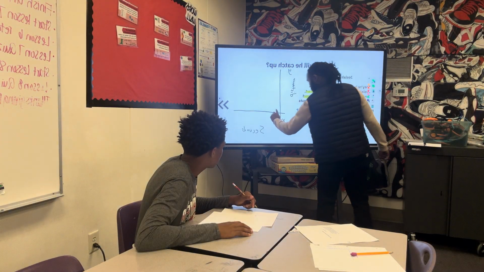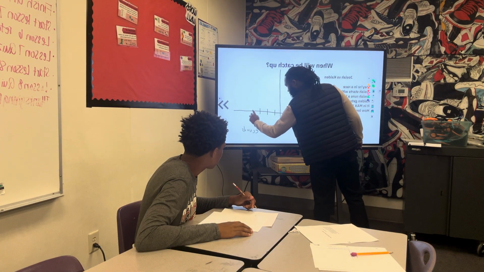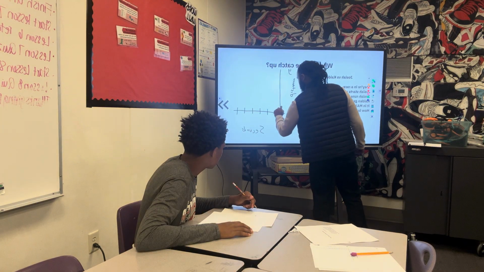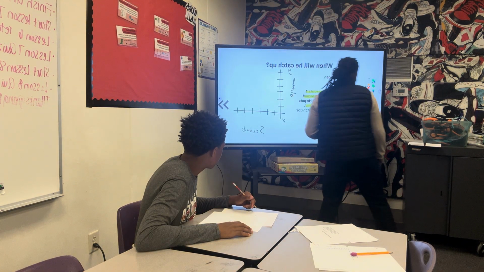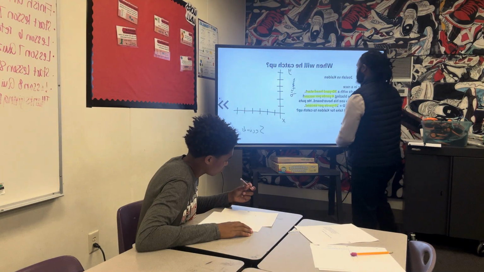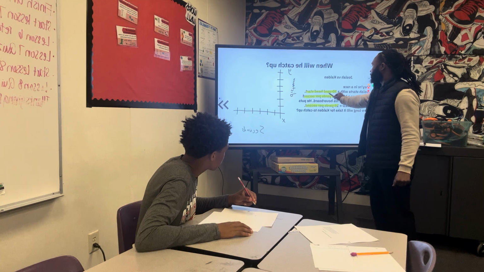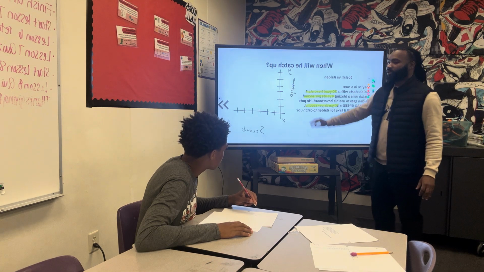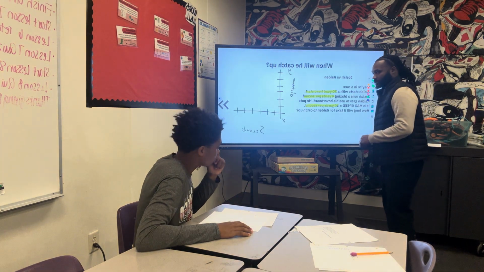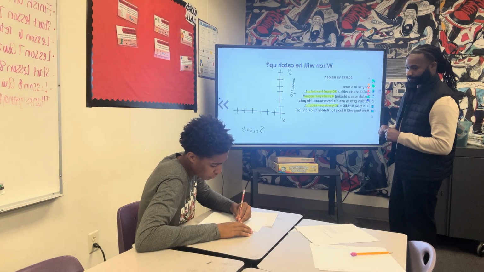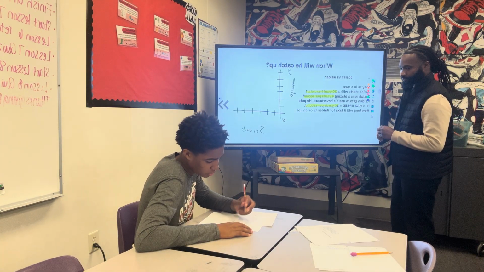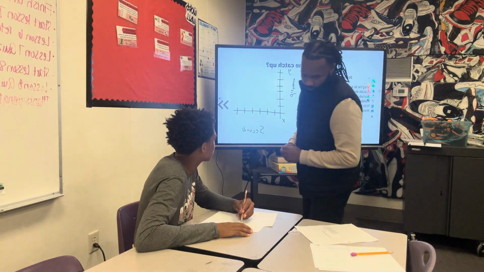Cool. All right, let's try to make this as even as possible. So if Josiah starts with a 30-yard head start, where would he start on his y? So you'll start at 30, because you start at the y-axis, so distance.